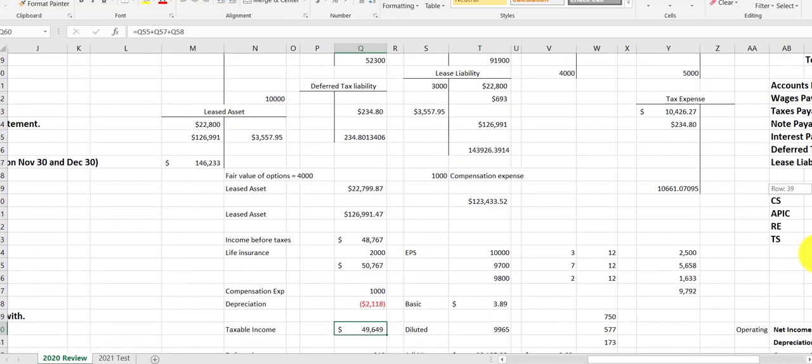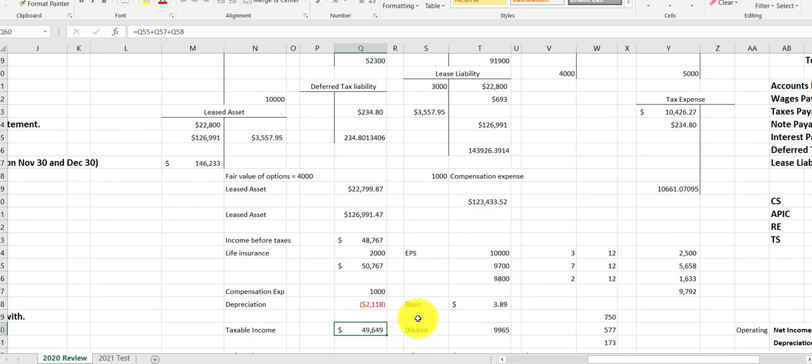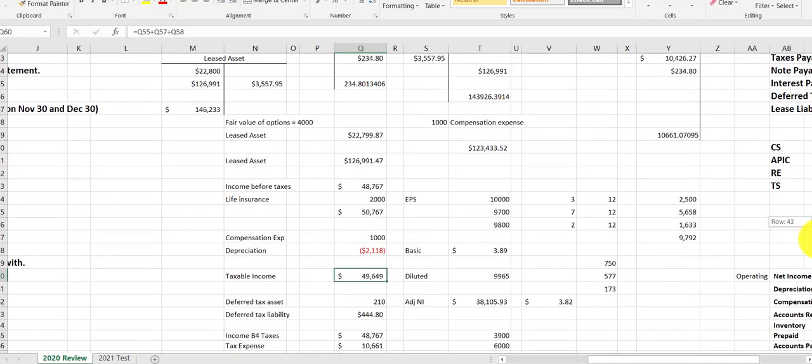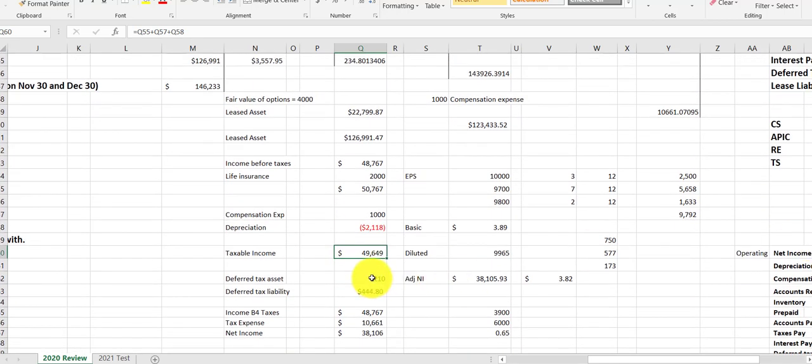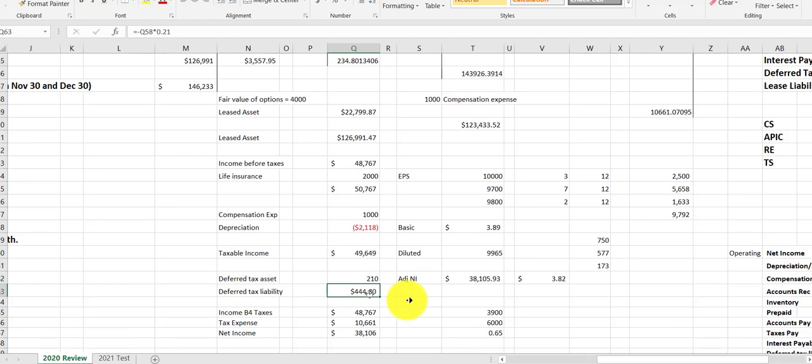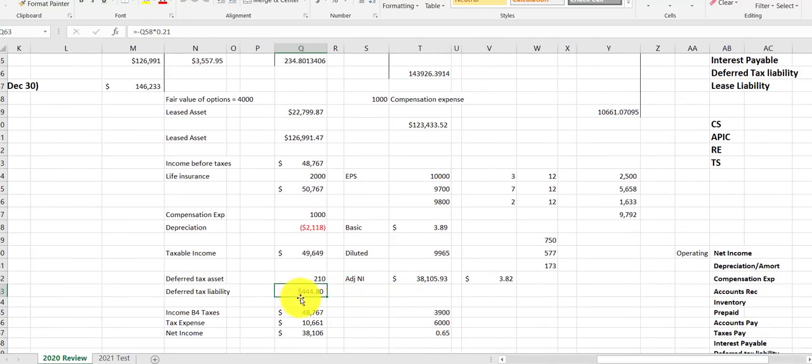Then we deal with our two temporary differences. All right. The deferred tax asset, we have the total, since this is our first difference, it's $1,000. That's $210, 21%, and 21% of our liability, because future taxable amounts are a liability.